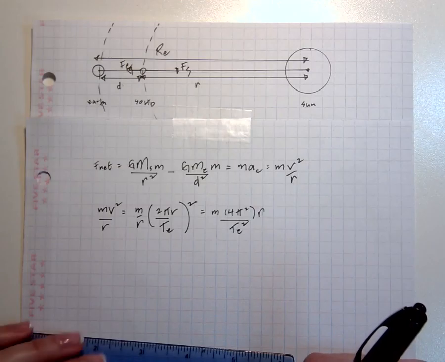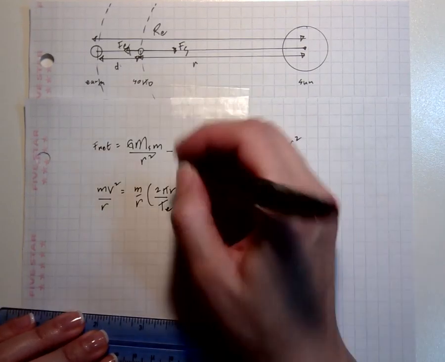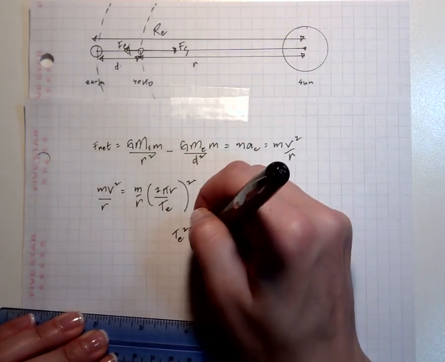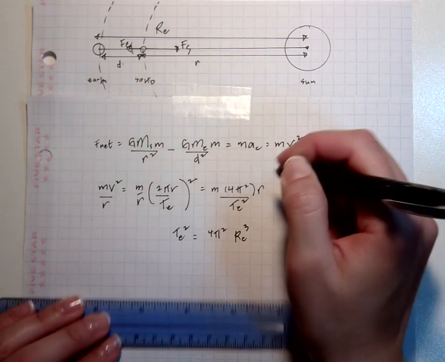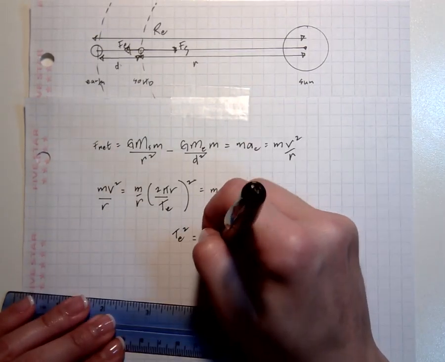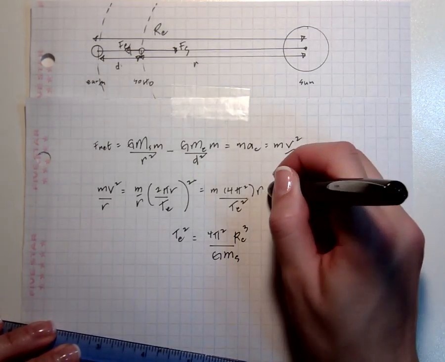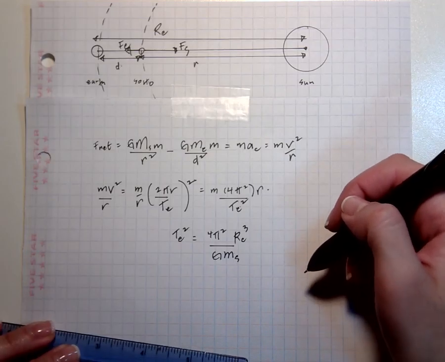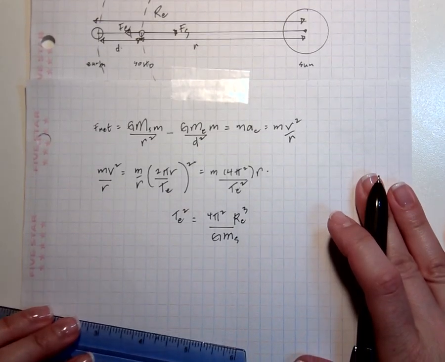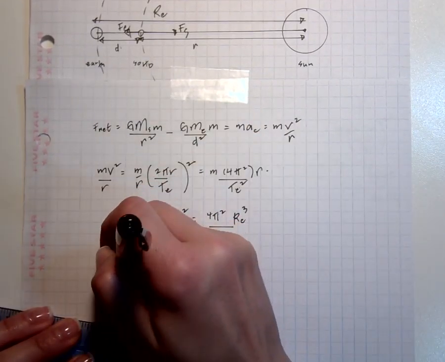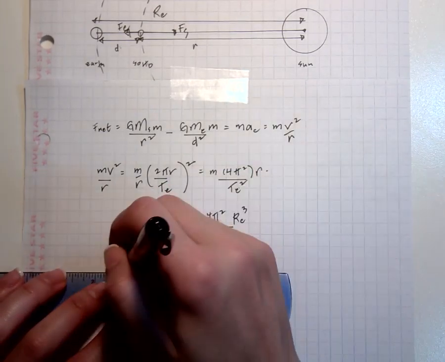But we know from Kepler's third law that the period of the Earth squared is equal to 4 pi squared times the orbital radius of the Earth cubed over G times the mass of the sun. So now, if I take this expression and plug in for the period of the Earth, which is the same as the period of the satellite, I get m times 4 pi squared times r, and then divide.